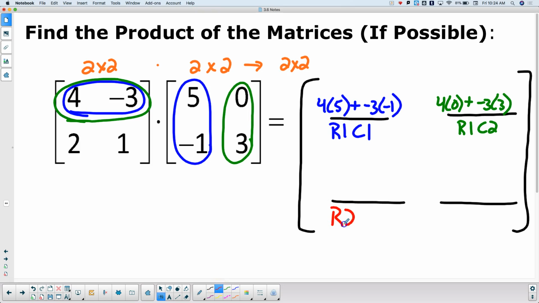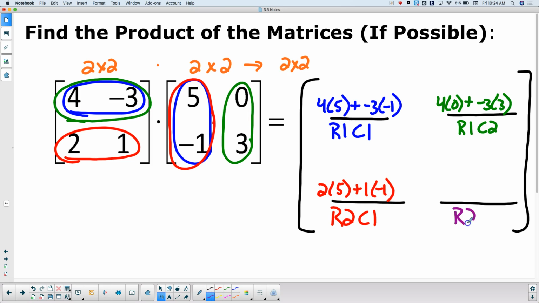This is row 2, column 1. So I take my second row times my first column, 2 times 5 plus 1 times negative 1. And this is row 2, column 2. So I take row 2 times column 2. 2 times 0 plus 1 times 3.